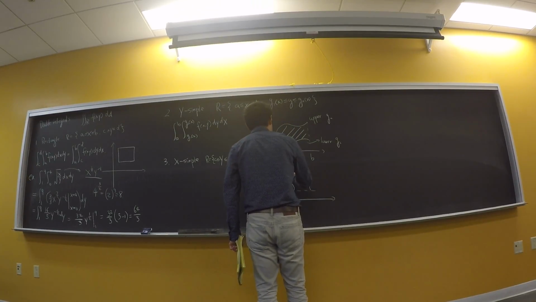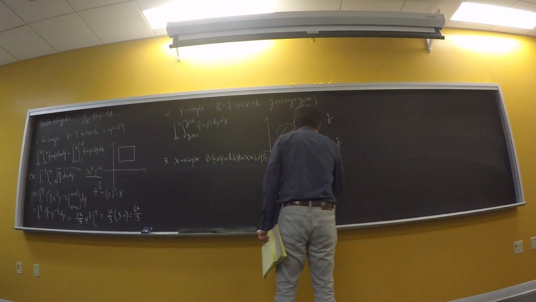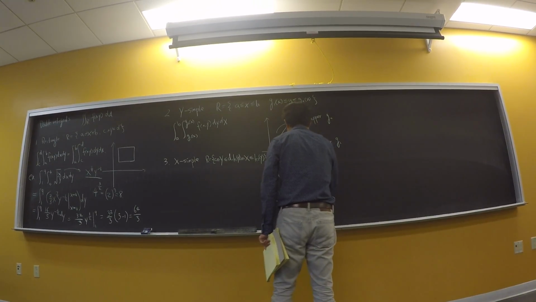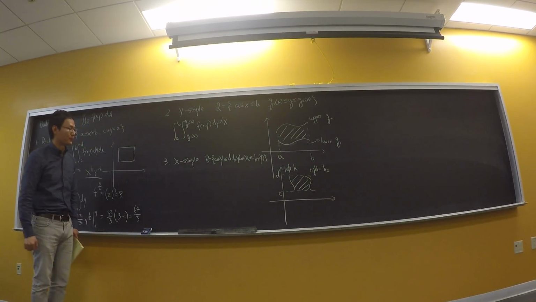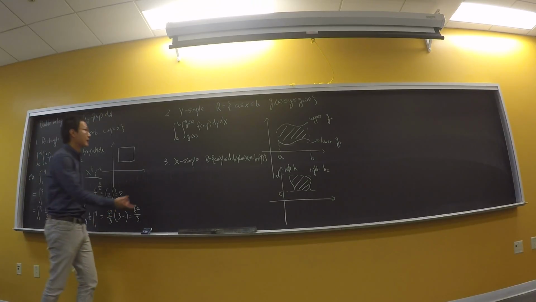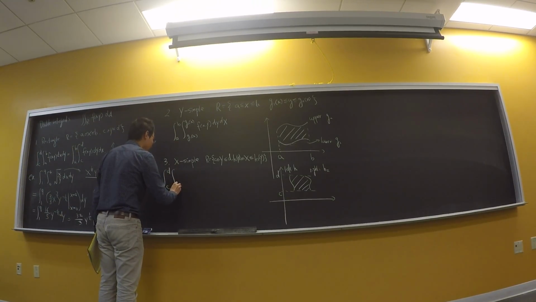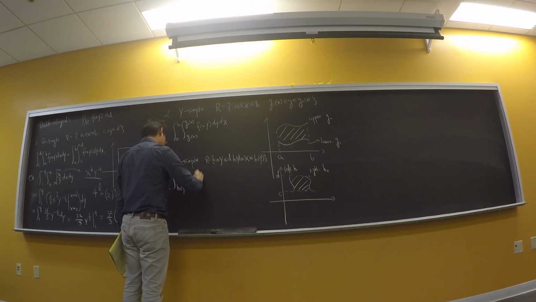This is the left, which is H1, this is the right, which is H2. The region is bounded between these four pieces of curves. Once we can identify this X simple region, I'm supposed to do the integration with respect to X first.